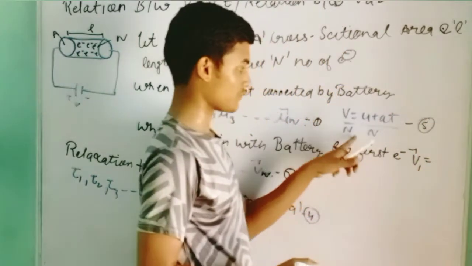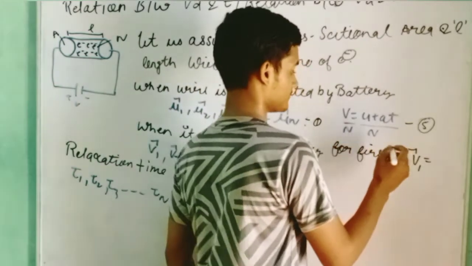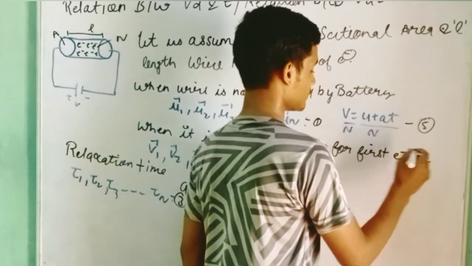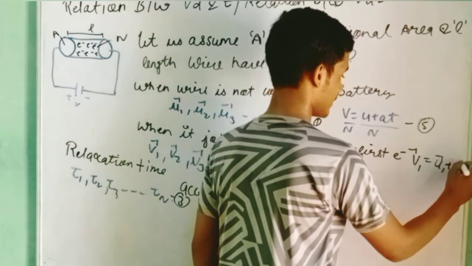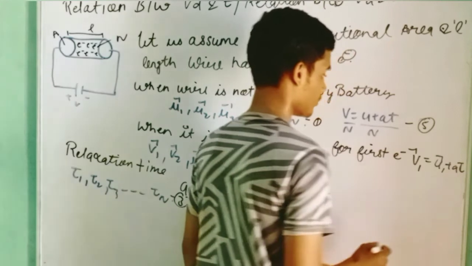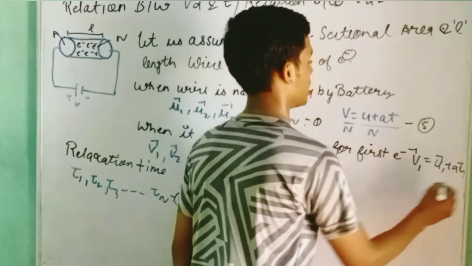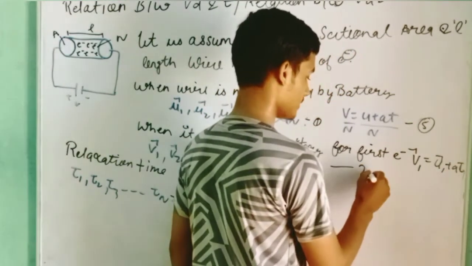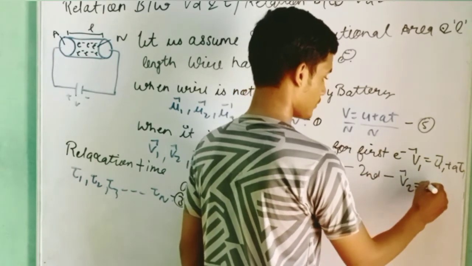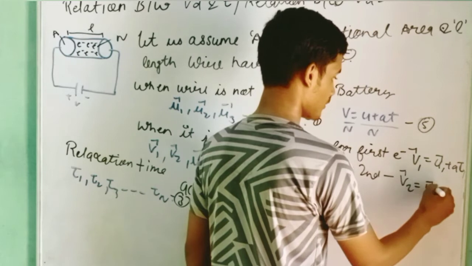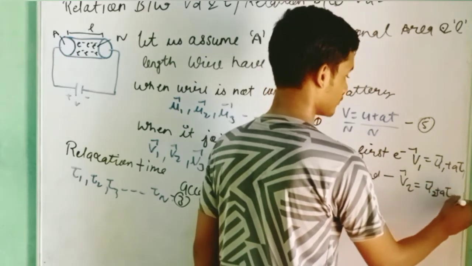So for the first electron v1 is equal to u1 plus a into tau 1. For the second, v2 is equal to u2 plus a into tau 2.